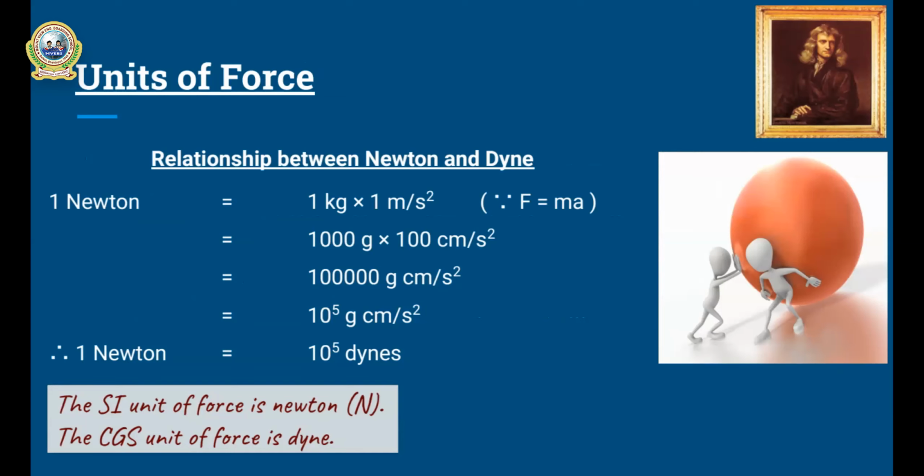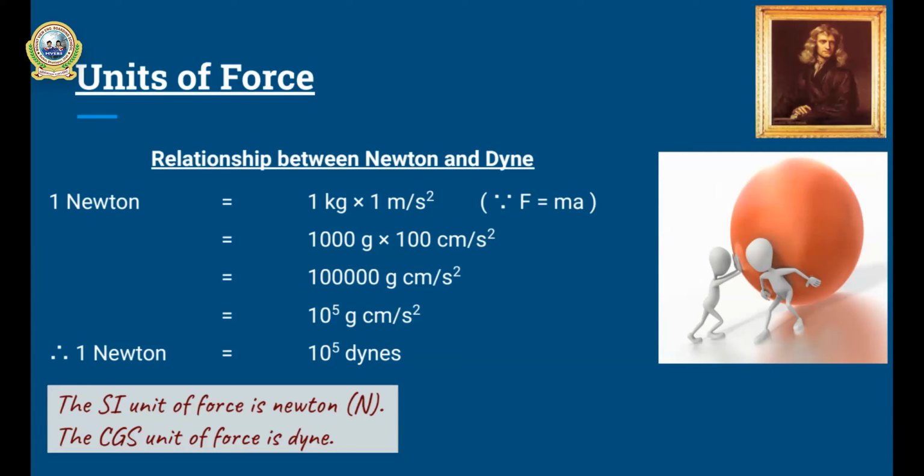When we express the force quantity in the SI system, the unit is Newton, which is denoted by capital N, and in the CGS system, the unit is Dyne. So the SI unit is Newton and the CGS unit is Dyne. Dyne is the CGS unit of force and Newton is the SI unit of force. Understood?